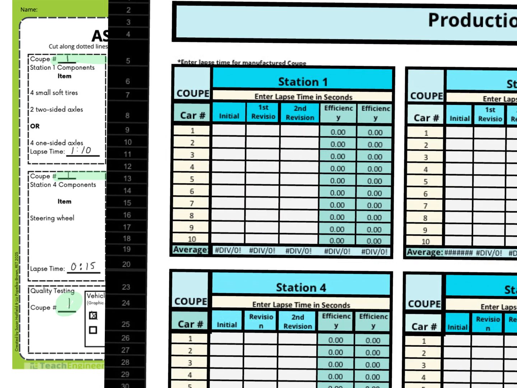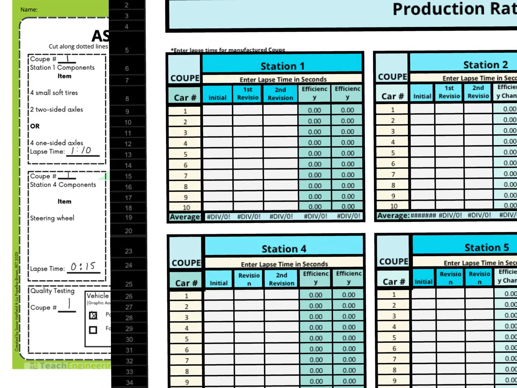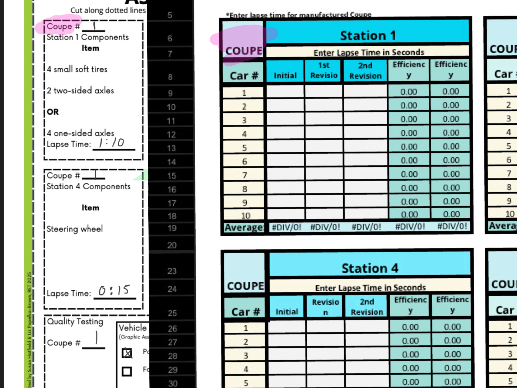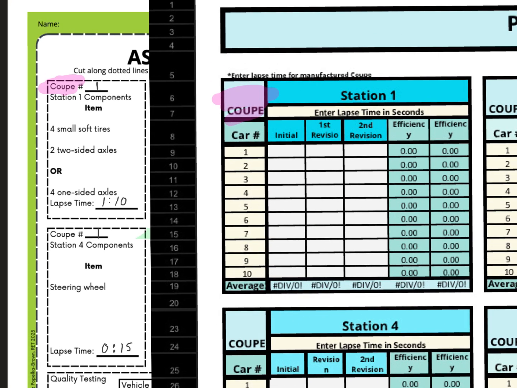So you'll see that it says coupe. So we know we're looking at a coupe. So that matches our slip. This says station 1. And we're looking at the slip for station 1. And it says car number 1, which goes here with coupe number 1.